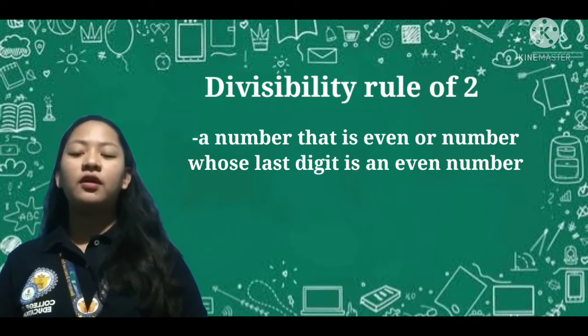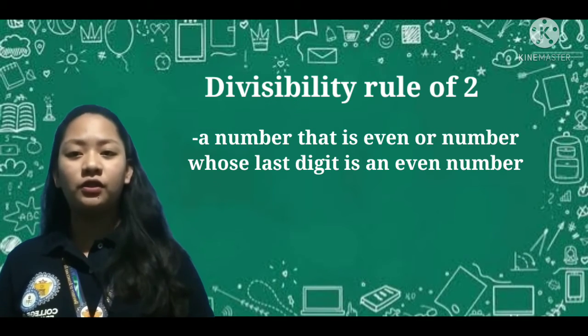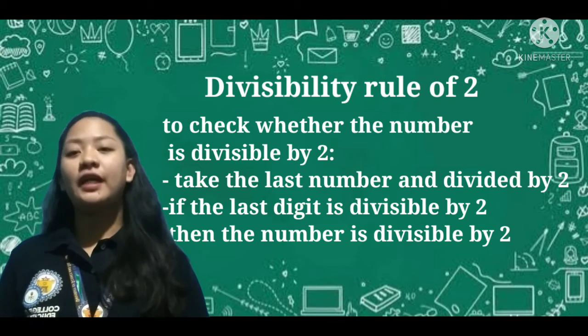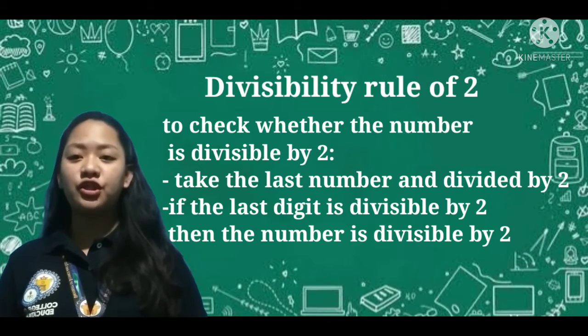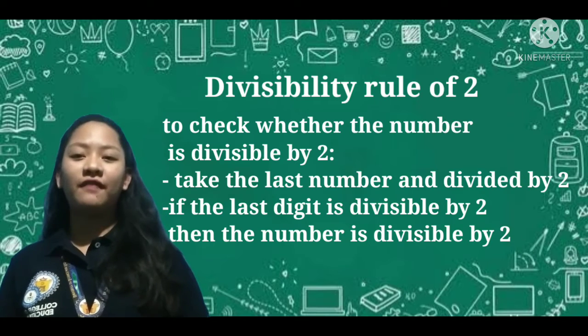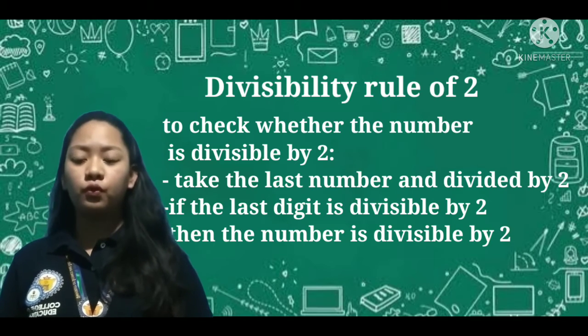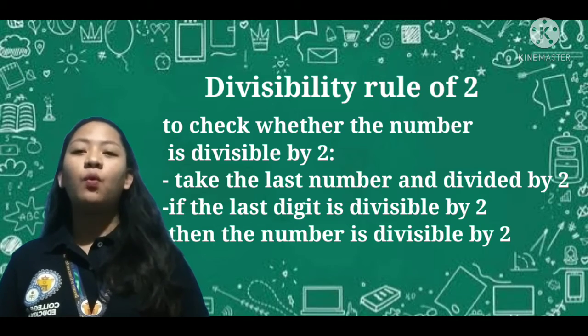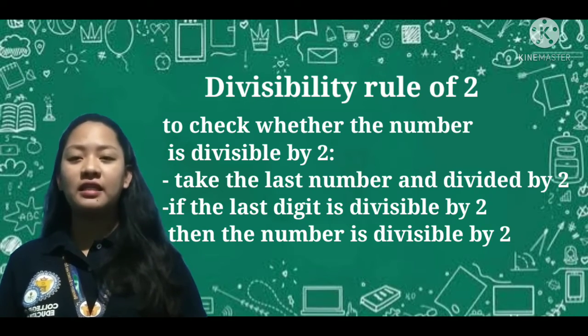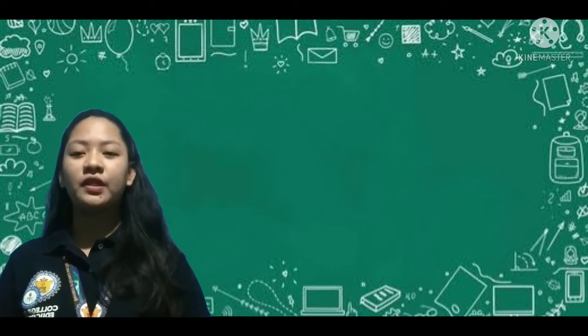To check whether the number is truly divisible by 2, take the last number. For example, 1124. The last digit is 4. 4 divided by 2 is 2. Since the last digit 4 is divisible by 2, then 1124 is divisible by 2.